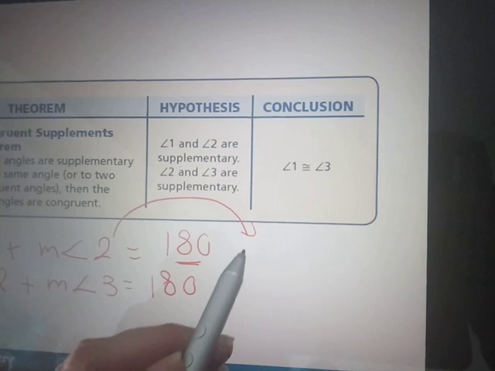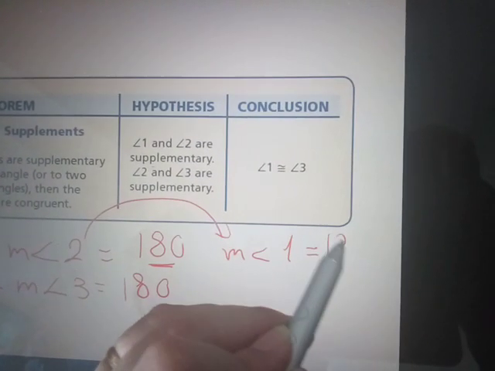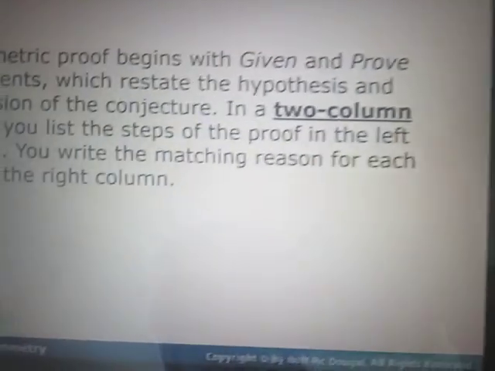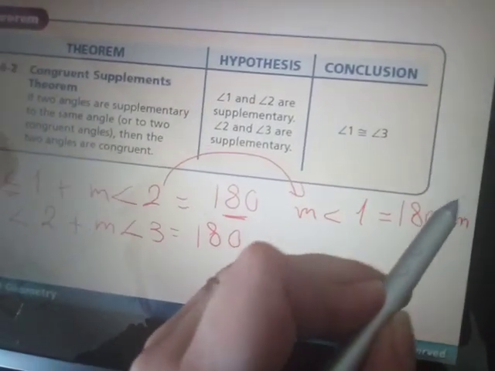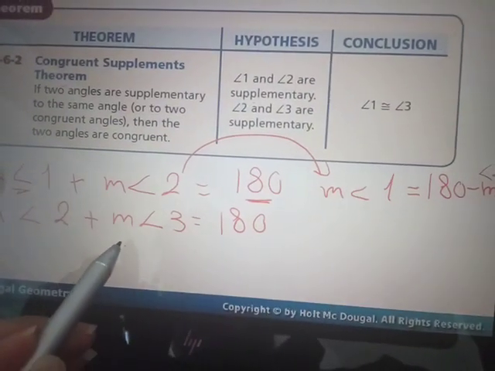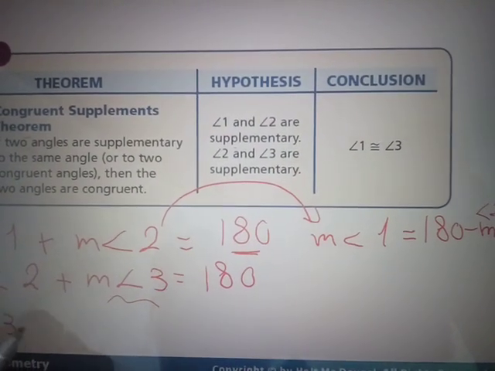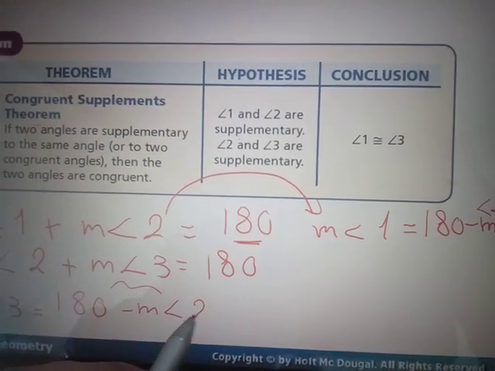And here, measure angle 3 equals what? Measure angle 3 equals 180 minus measure angle 2.